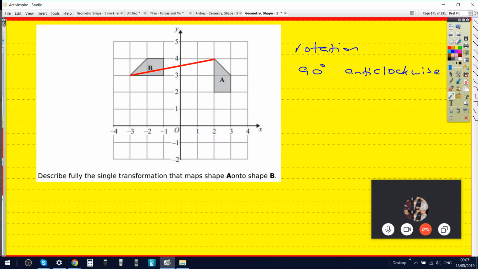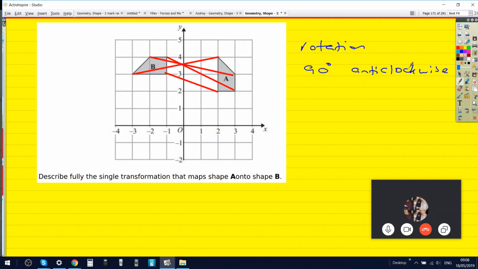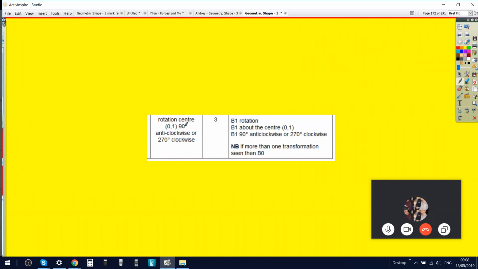So if we put those two, that's those two. That's there. Maybe it is 0, 3.5. Oh, 0, 1. Rotation, anti-clockwise, 0, 1.